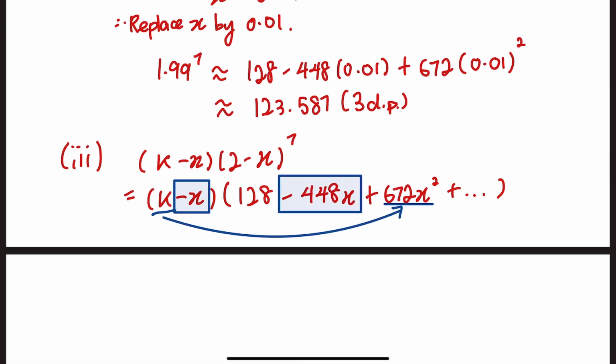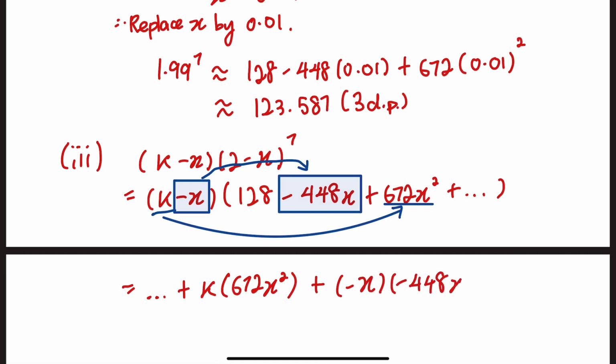So this is how I observe what term I need to multiply by what. To get my x squared term, this is simply dot dot dot plus k times 672x squared, then plus negative x times negative 448x, then plus dot dot dot.